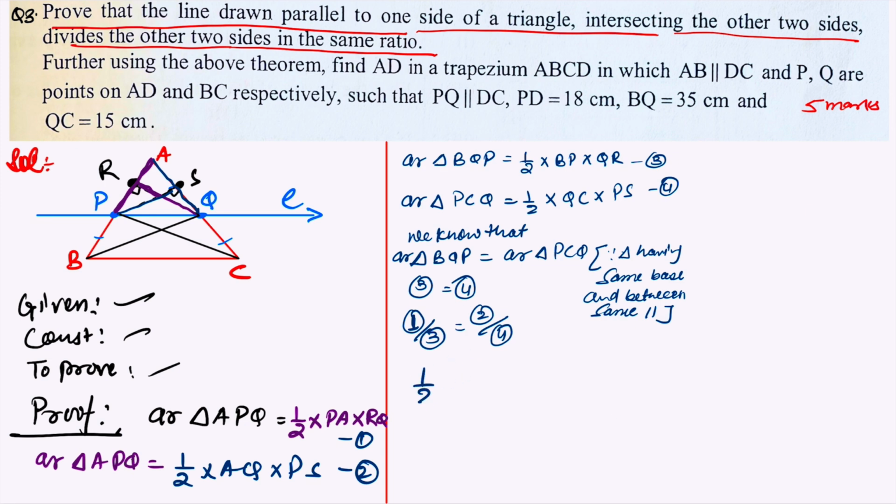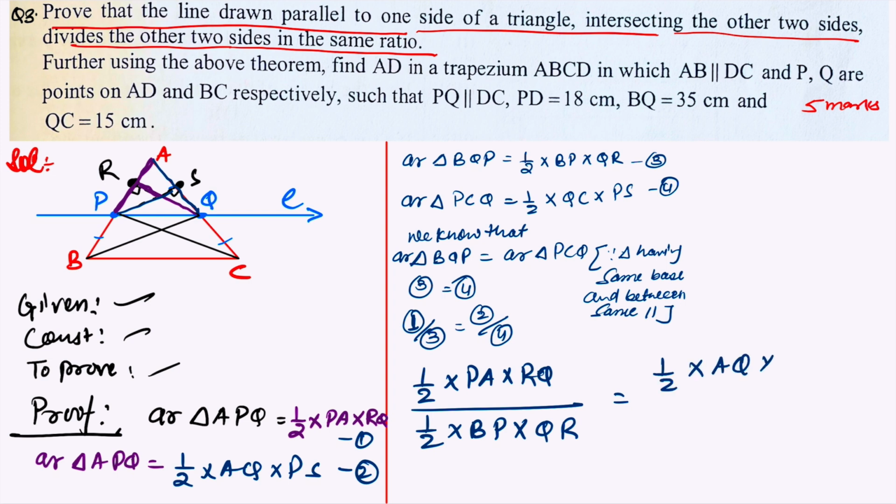Now from here, 1 by 3: 1 is half of PA into RQ upon 3 is half of BP into QR, is equal to 2 is half of AQ into PS upon 4 is half of QC into PS.